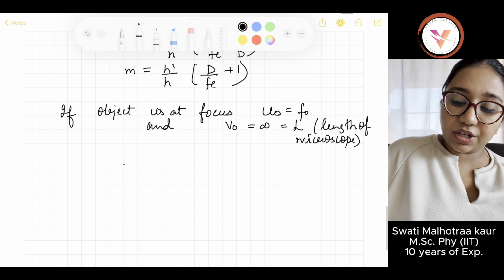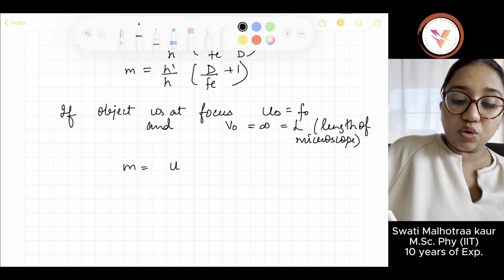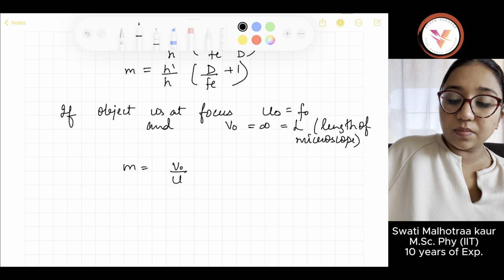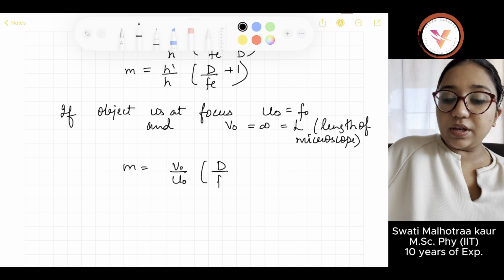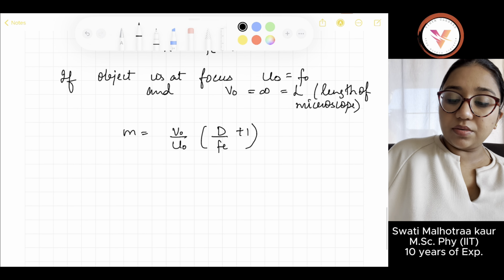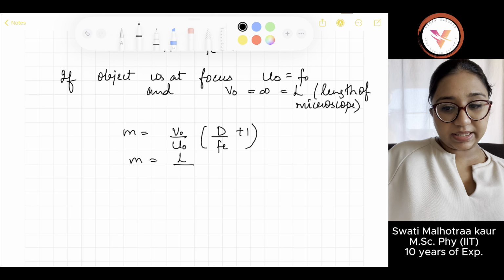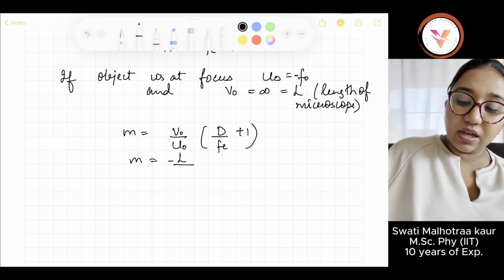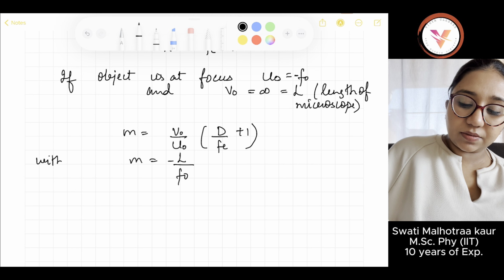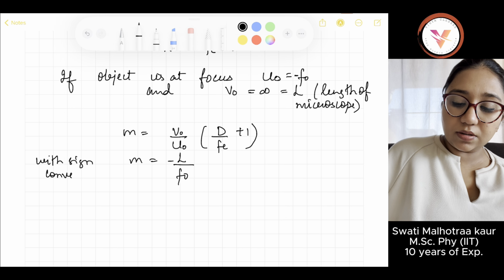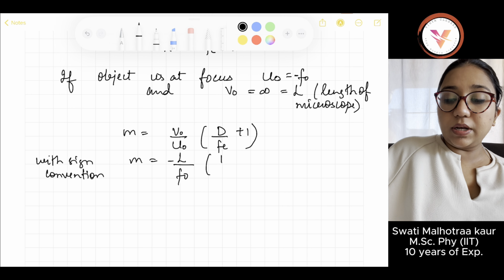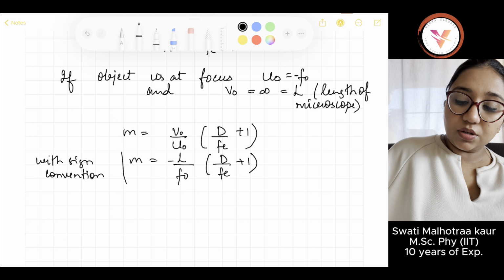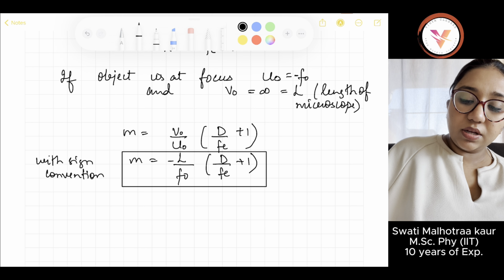So this magnification can also be written as VO by UO times (D by FE plus 1), and now that can be written as VO is L, and UO, since it is on the left, is negative, so I'm taking the minus sign here with sign convention, times (D by FE plus 1). So this is again a formula, and here also with sign convention there is a minus sign.